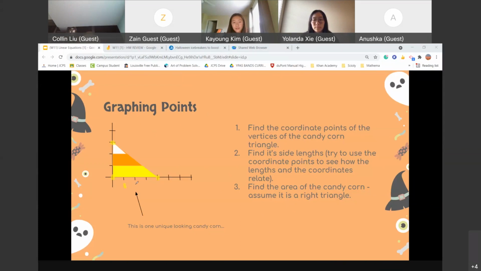All of these are by 1 unit. While you're doing this, try to think about how the coordinate points and the side lengths were related to each other. When you get your answer, label your answer and put it in the chat.